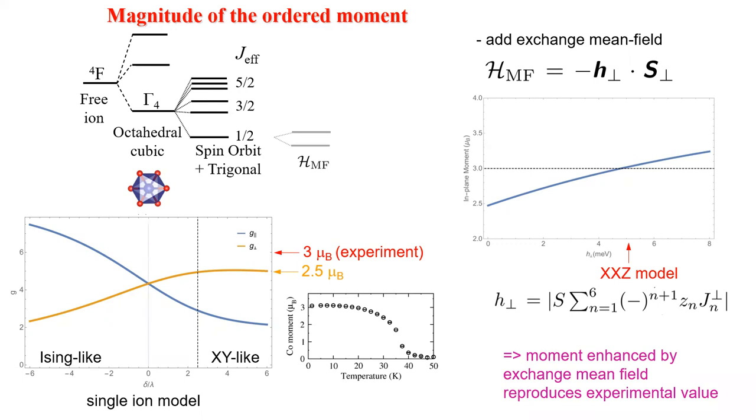By putting in the exchange values that we fit from spin wave dispersion, that puts us round about here, which is essentially the same value of 3 Bohr magnetons that we see experimentally. So this gives us confidence that this is a self-consistency check, that we can explain the magnitude of the ordered moment and the fact that we have easy plane anisotropy within the same Hamiltonian.